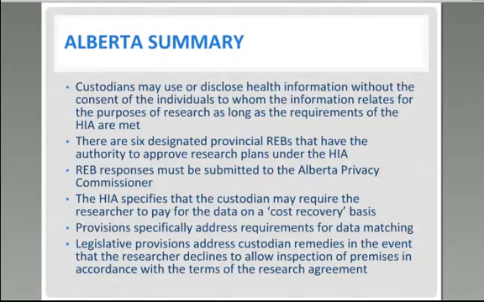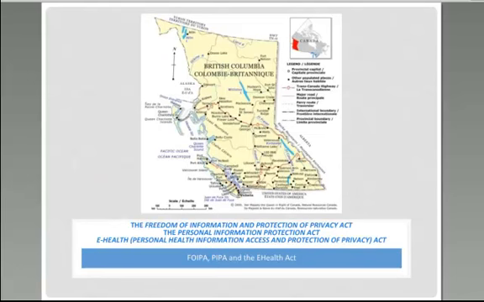And I will tell you, as we see on the next slide, that from my perspective, as is shown in the overview here, it's pretty complex in that, unlike Ontario, where we've got PHIPA, and Alberta, where we've got the Health Information Act, there's no one piece of legislation in BC where a researcher can go and say, all right, now I understand these are the rules, and I will go about preparing the documents to get the research data that I need.